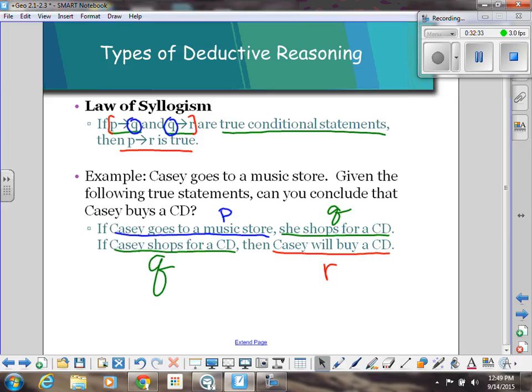So now, if I continue with this law of syllogism, then I know if P then R. So what is that going to look like? What is if P then R going to say?